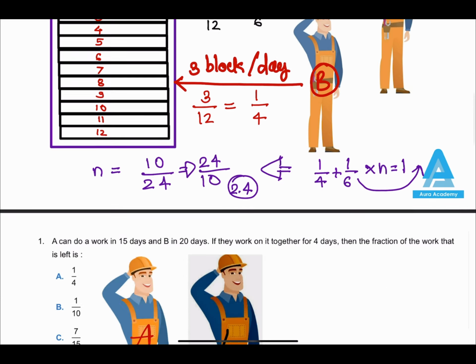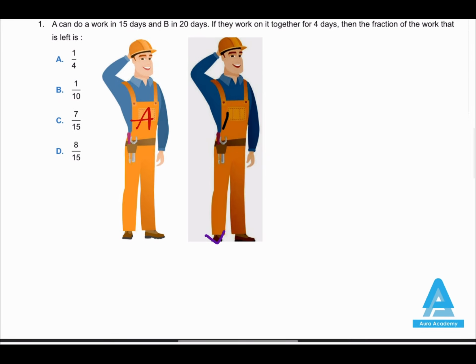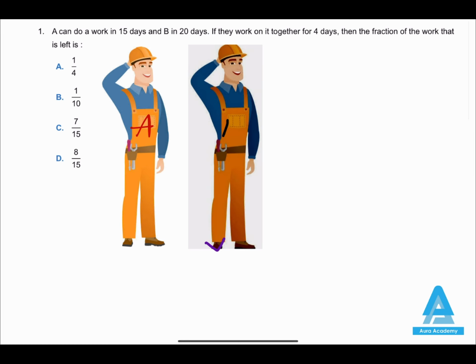We are going to solve questions so that we can revise what we learned, and it is the best method to implement whatever you have learned. So in this question we can see that A and B are our happy workers, right? A can do a work in 15 days and B is able to do that work in 20 days.